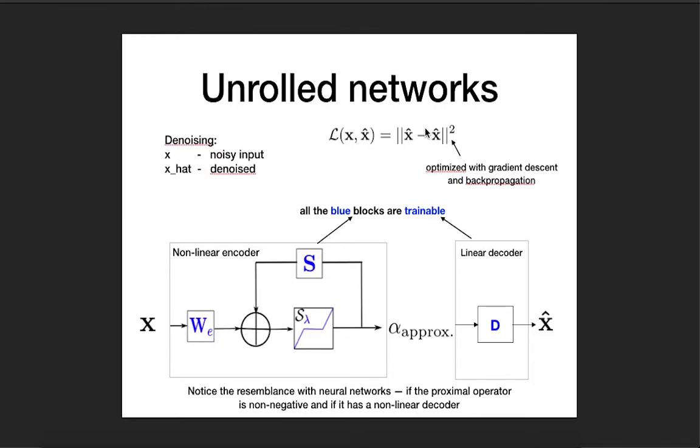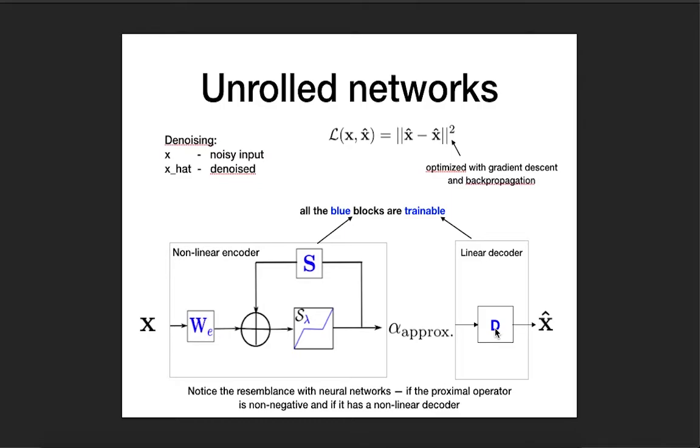You say you want this loss to be minimum, do backpropagation, and learn all these matrices in one shot, without doing dictionary learning, where you do a greedy step and then a linear multiplication with a dictionary.